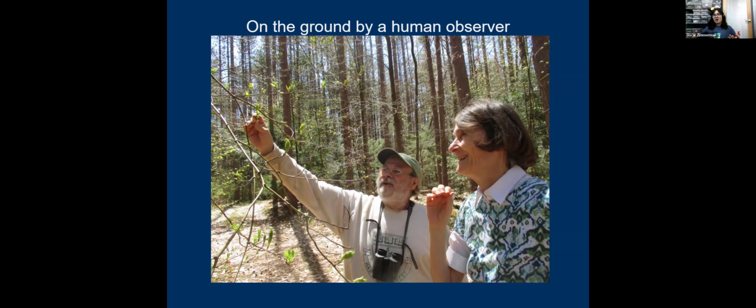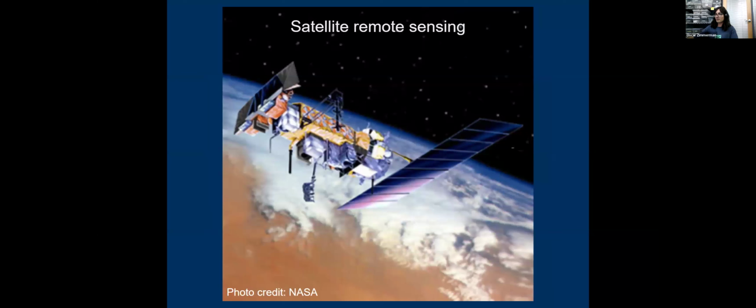This traditional method to monitoring phenology, however, comes with the caveats that it's just not practical for applying over large areas, and it can also be potentially subjective. These limitations can be overcome with satellite remote sensing technology, which enables this global scale monitoring of phenology, based on seasonal changes in the spectral properties of the land surface and the land surface vegetation.